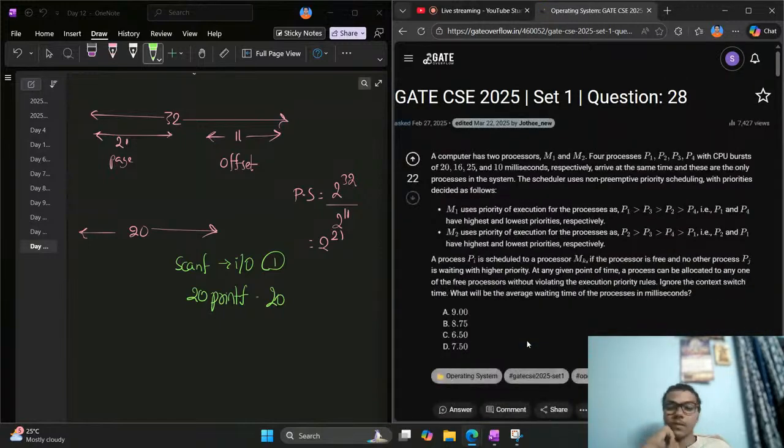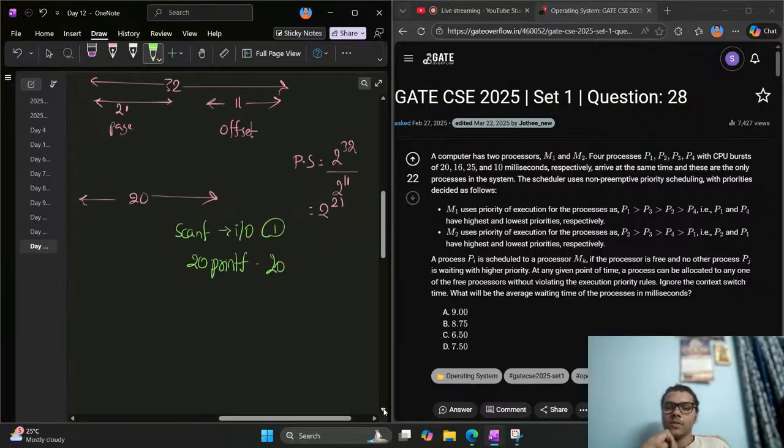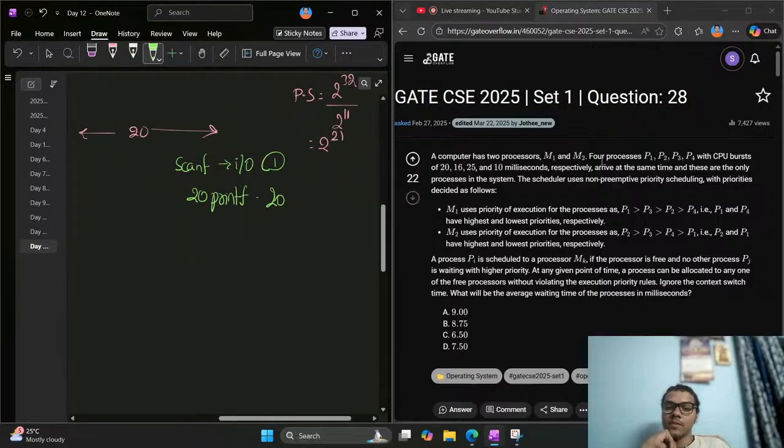All right. So the computer has two processors, M1 and M2, four processes, with CPU burst times. Okay, and these are the only processes. Non-preemptive priority scheduling, with priority decided as follows. So M1 priority: P1, P3, P2, P4.